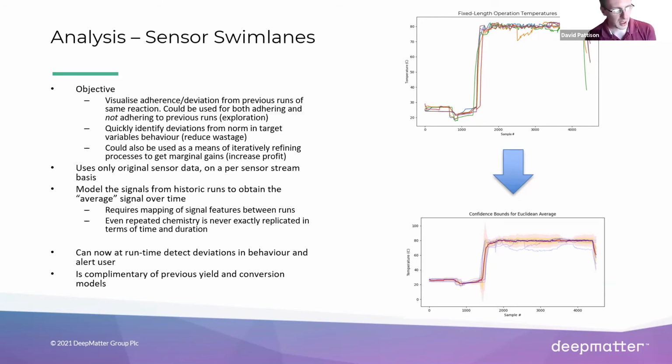If I can pick out the ones which I know are good, wouldn't it be nice if the system told me if I'm deviating at a later date from expected behavior? And it turns out that's more than tractable once you get access to that sensor data. You can develop really good models of normality, if you like, in your reaction.